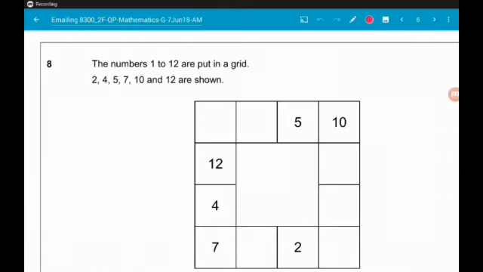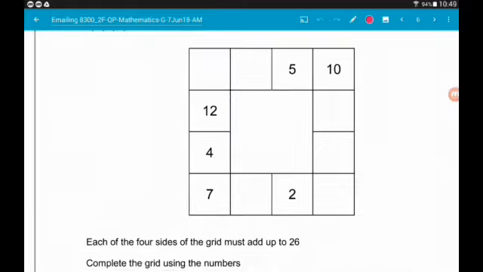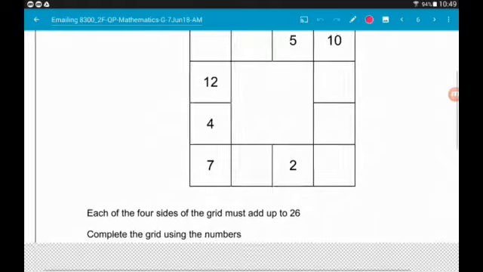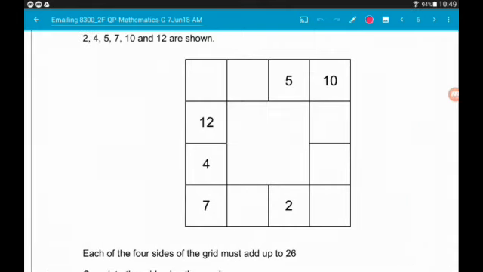Question 8. The numbers 1 to 12 are in a grid, and some of the numbers are already in there. We're told each side of the grid must add up to 26, and we want to complete the grid using the numbers 1, 3, 6, 8, 9 and 11. So, first thing to look for is, does any side of the grid have only one square missing?